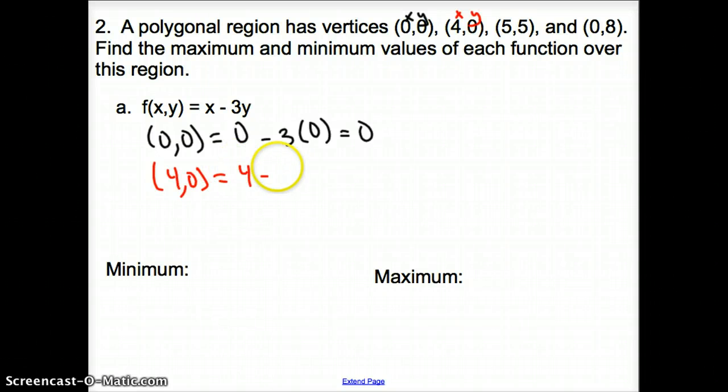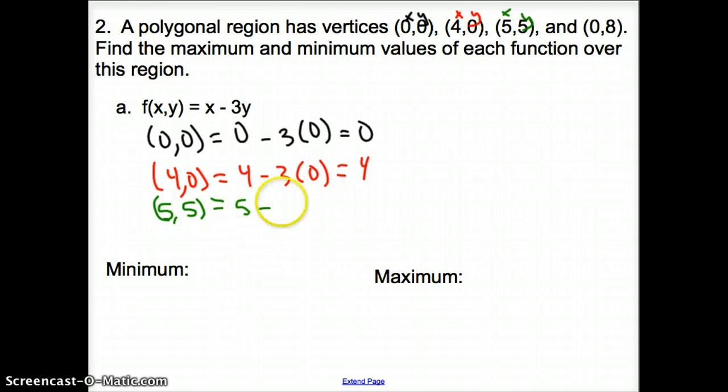4 minus 3 times 0. 4 minus 0 is 4. Next one. Again, I have an x and a y, coordinate point 5, 5. I'm going to plug my coordinates into this function and have 5 minus 3 times 5. 5 minus 15 is a negative 10.